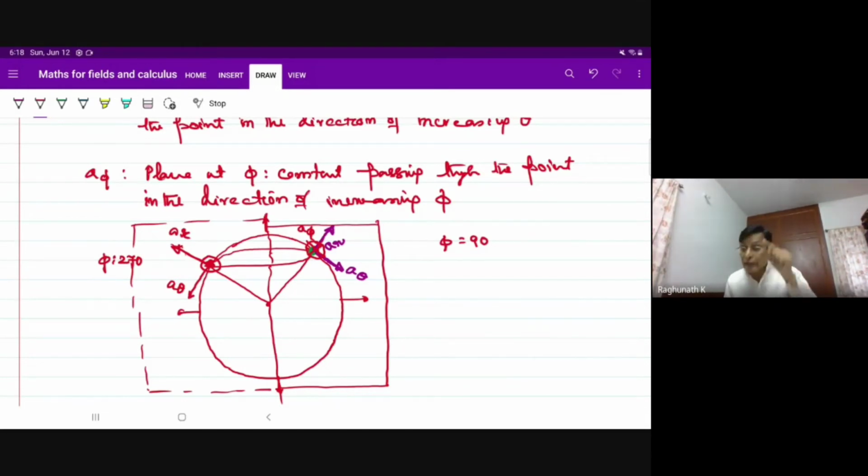I cannot call it the tangent to the sphere. I should call it the tangent to the circle of radius r sin theta produced because the sphere of radius r got intersected with the cone of semi-vertical angle theta.